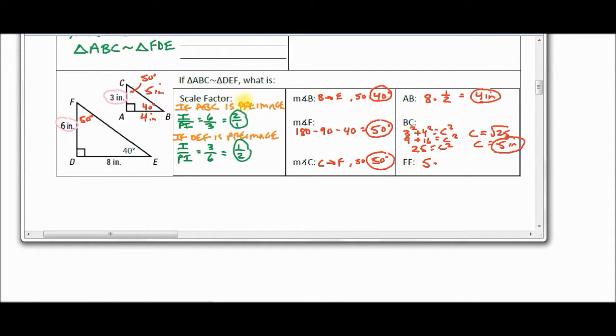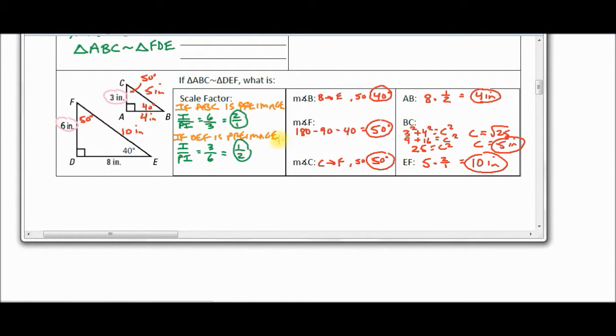If ABC is the pre-image, then our scale factor is 2. So in this case, we're going to multiply it by 2, or let's just write 2 over 1 so you know where that came from. And now our answer is 5 times 2 is 10. So the value of EF is 10 inches. And I'll go ahead and label that 10 inches.